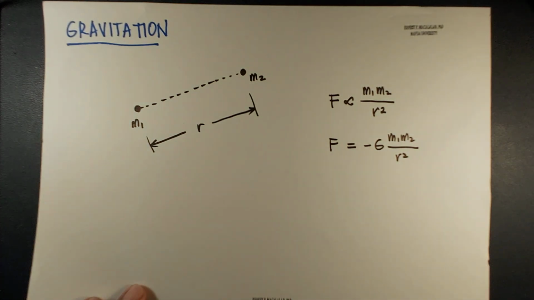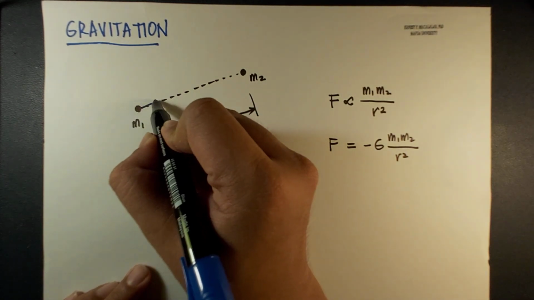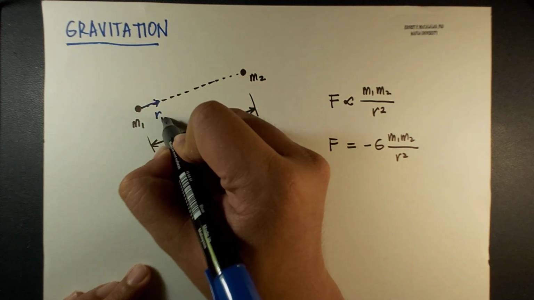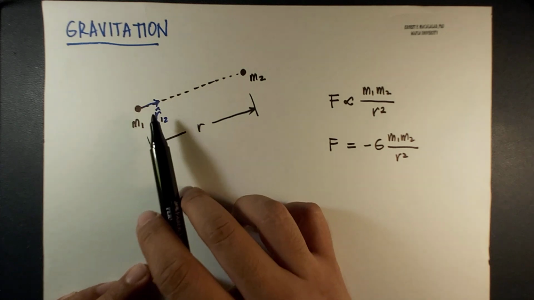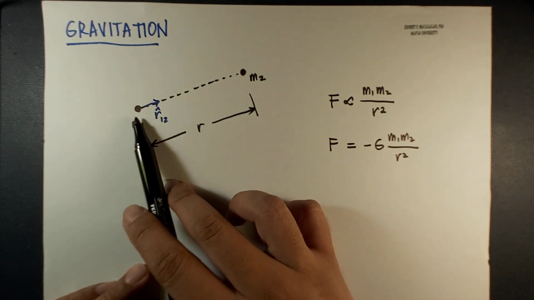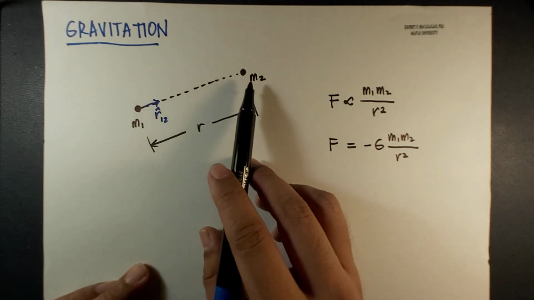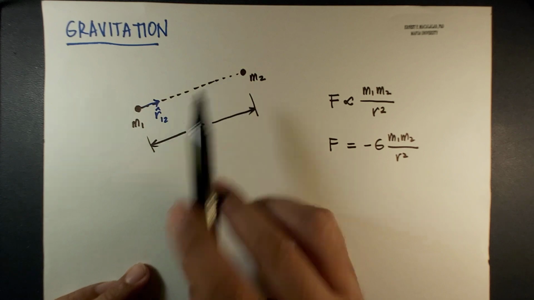If we define the direction as follows, let's define a unit vector r12 this way. So this is r12 hat. This unit vector is the unit vector with respect to m1, and it points towards m2. This unit vector is along this line.